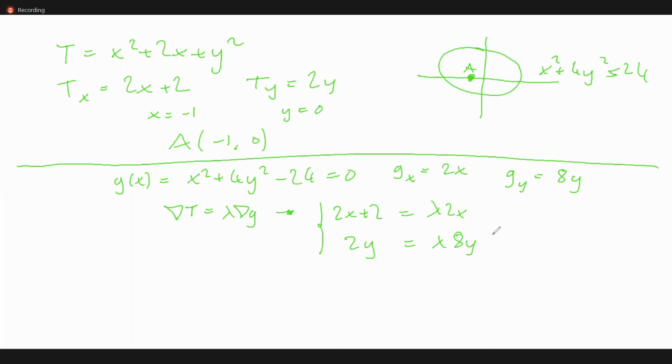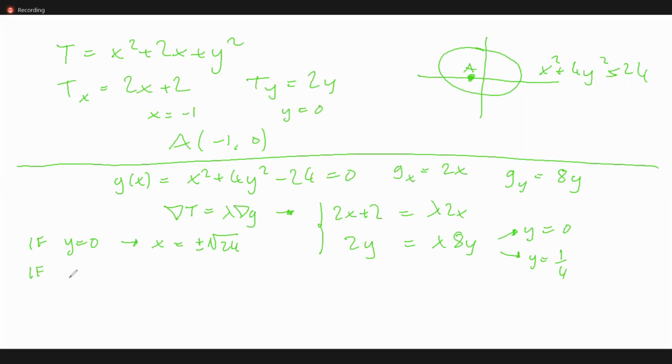So solving this set of equations gives us either y equal to 0 or lambda equal to 1/4. So if y is equal to 0, then x is equal to plus minus the square root of 24.